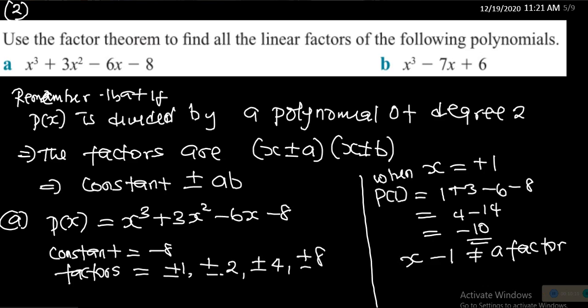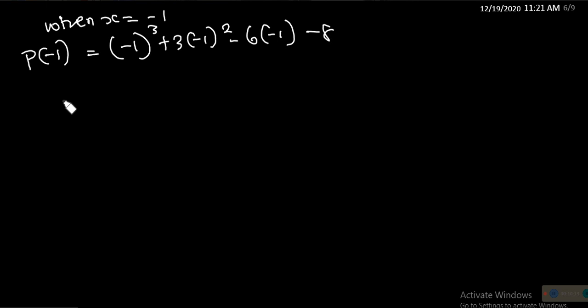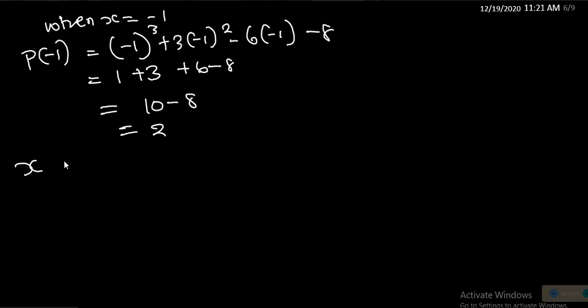Let's cross check if we are right here. So this will give us minus 1 plus 3 plus 6 minus 8, and this is 8 minus 8, which is 0.